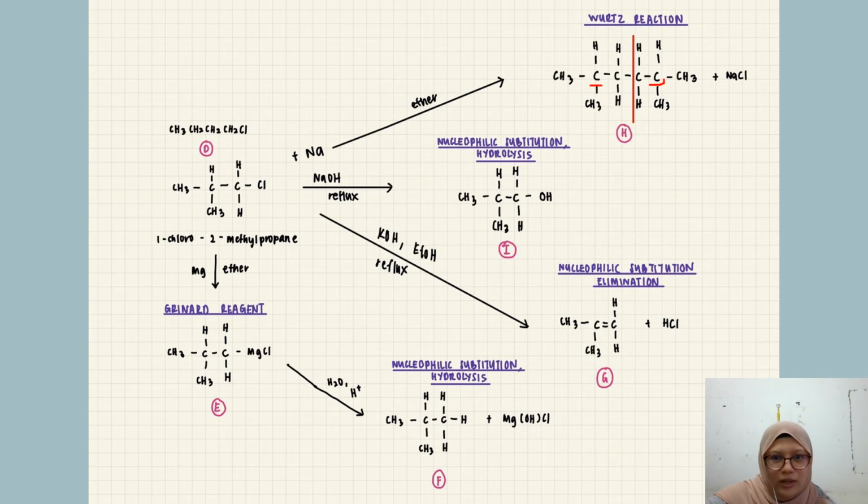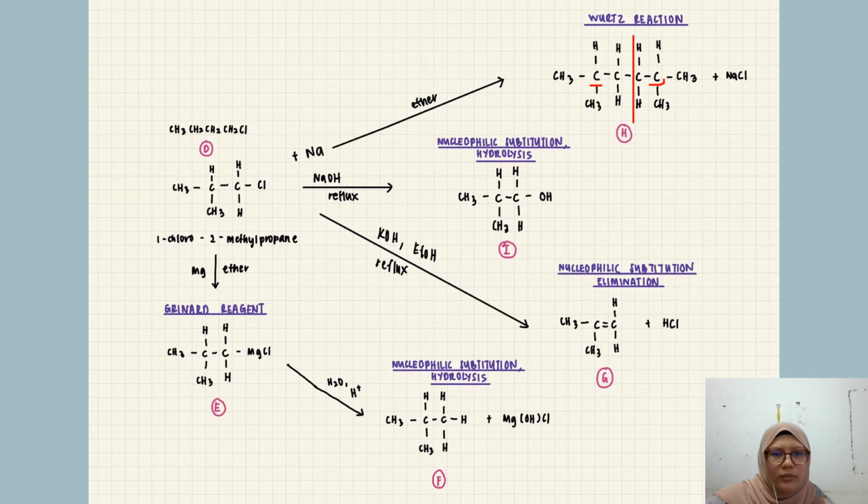And then we go to the next structure. As we know that structure H is from the Wurtz reaction, and the Wurtz reaction is the reaction of haloalkane with an alkali metal, usually sodium, to synthesize a longer alkane.